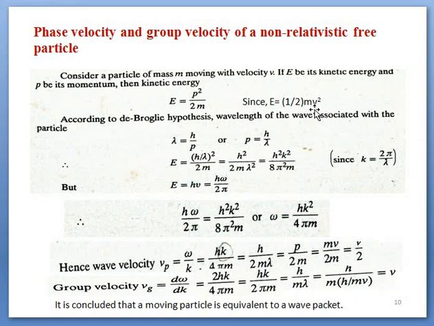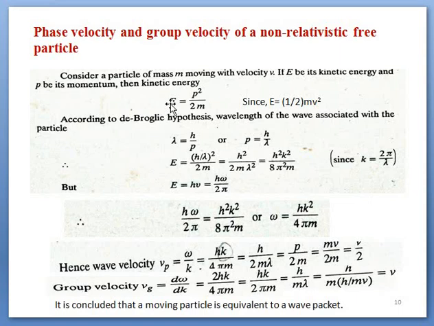Multiplying numerator and denominator by m, we have m square v square, which means p square, with a factor of 1 by 2m. So kinetic energy is transformed in terms of momentum as p square upon 2m.